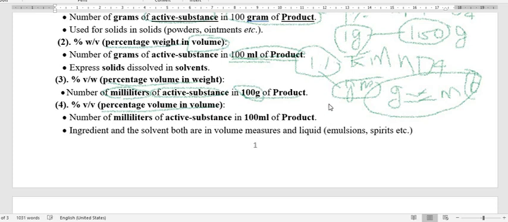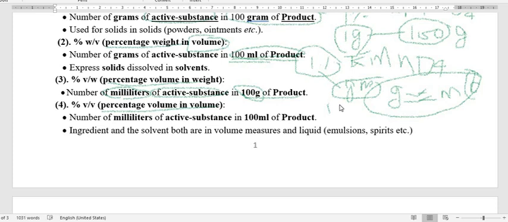Take the example: you have to prepare 1% KMnO4, and the KMnO4 is in liquid form. Then you have to use 1 ml.